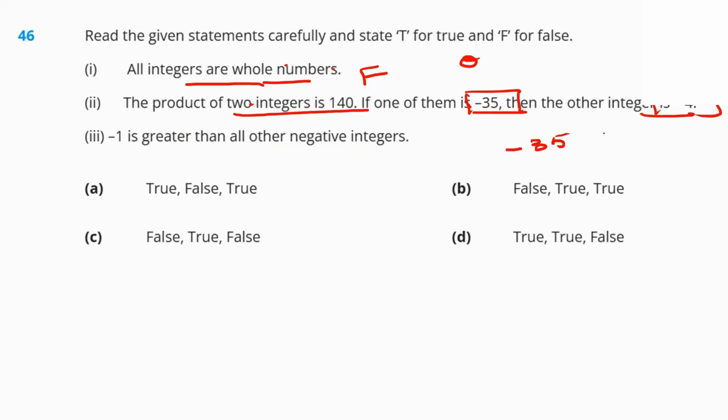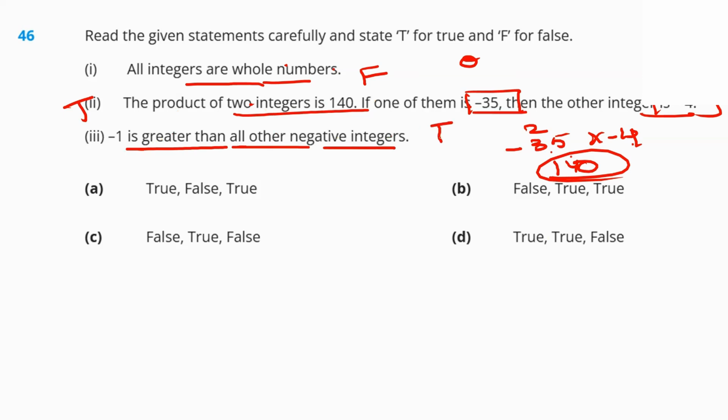If minus 35 and minus 4 are multiplied, do we get 140? Let's see. 5 4s are 20, 0 carry 2, 4 3s are 12, plus 2, 14. 140, yes. So the second statement is true. Minus 1 is greater than all other negative integers. Is that true? Yes, because minus 1 is the greatest negative integer. So false, true, true, option B.